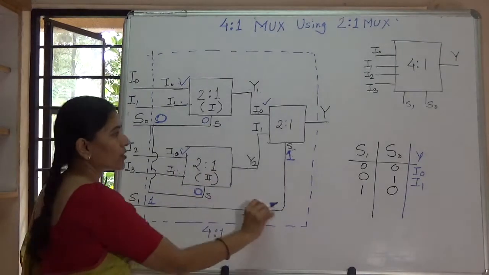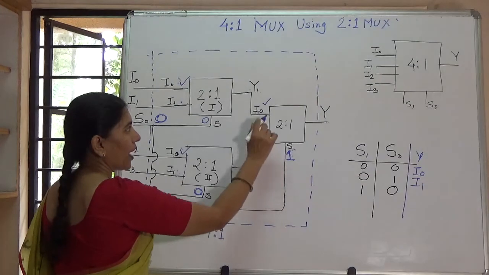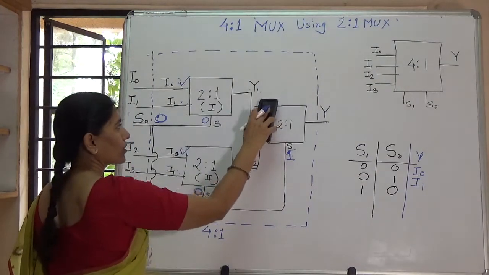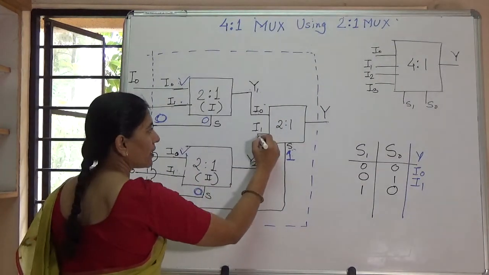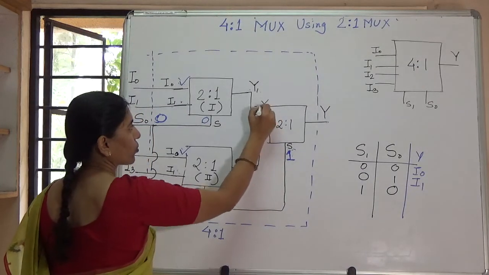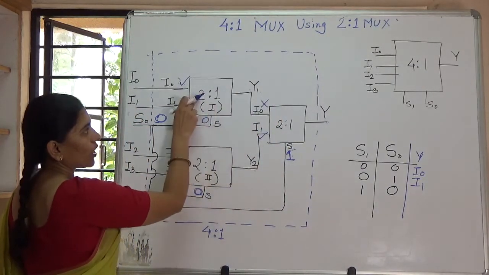Now S1 is a 1, so 1 goes to the select line, and therefore for the third multiplexer, I1 is going to be selected and not I0, where I0 was connected to the output of this.